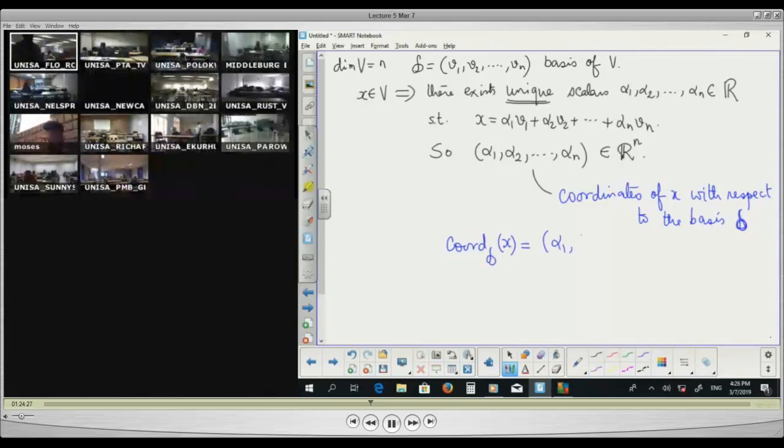So you see, the notation is also very friendly. It says coordinates of x with respect to the basis B. It has to be this member from Rn. Okay? Alright?